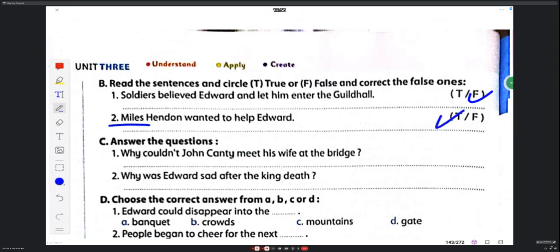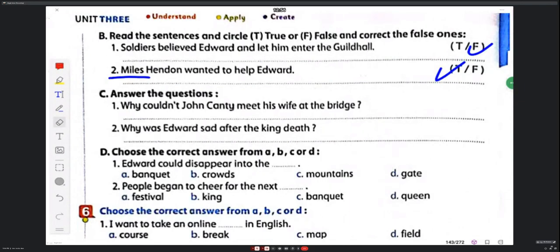Lamar, why couldn't John Canty meet his wife at the bridge? Because of the crowd. Because of the people, there was a festival also.